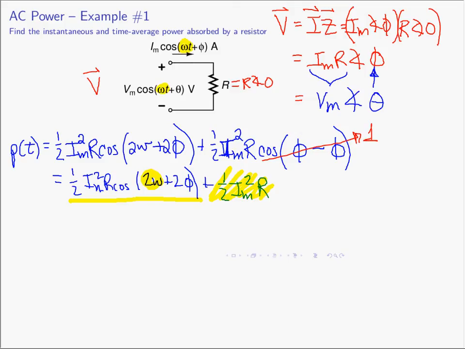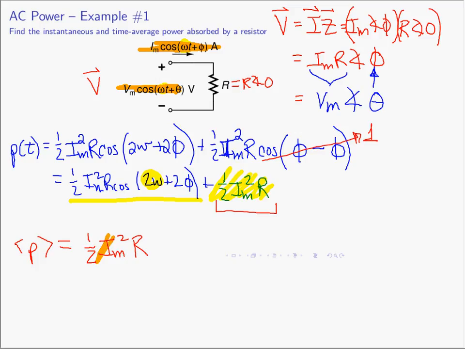Now we also want to find the time average power. The time average power is simply going to be this term right there, 1/2 Im squared r. Now if you think back to the DC case, remember we saw for a resistor, the power absorbed by a resistor is I squared r. Now in the case of a resistor with AC voltages, so we have AC voltages and currents that are exciting our resistor, the time average power, so it's not the exact same thing, this is the time average power in the presence of a sinusoid at a resistor.